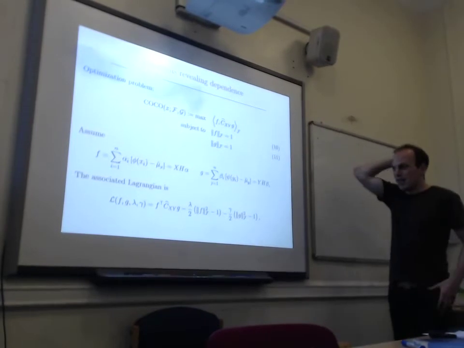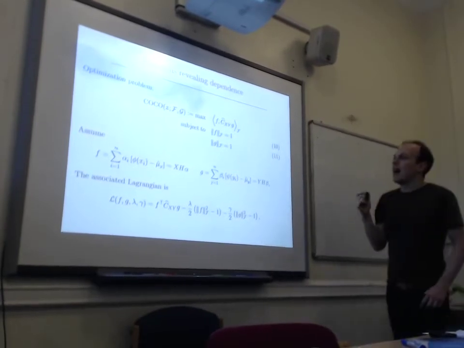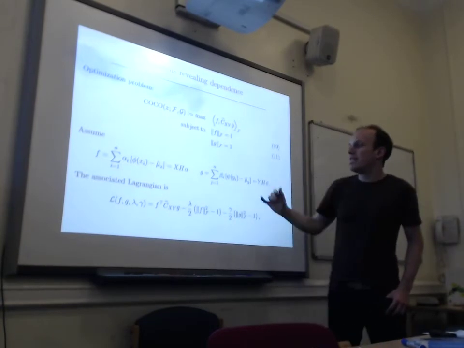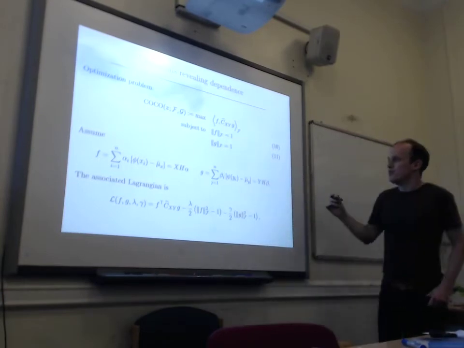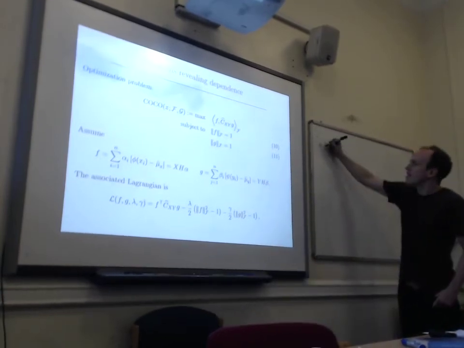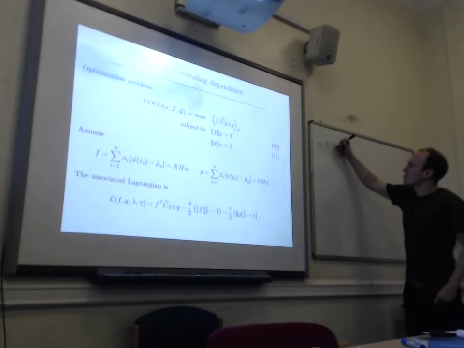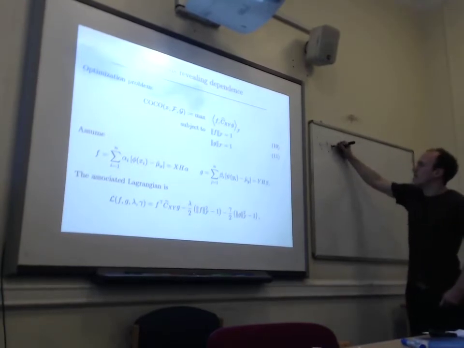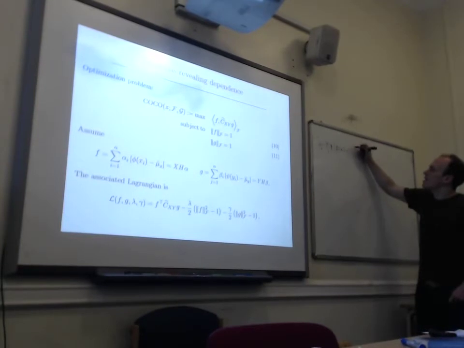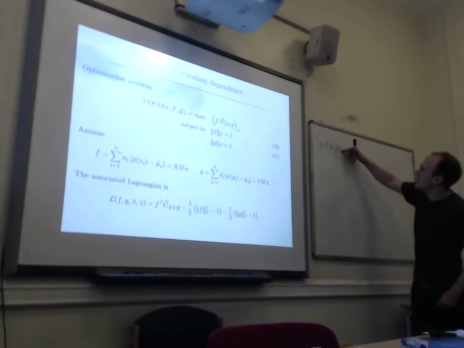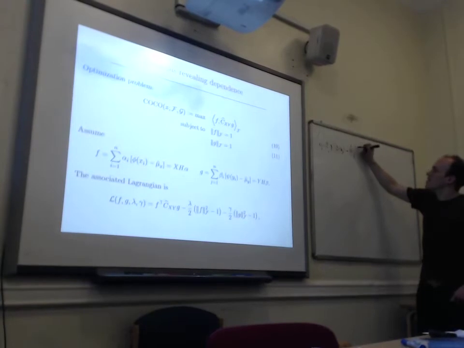Now, just as in principal component analysis, I can expand my f and my g as linear combinations of the basis functions. For instance, I'm writing my g as a linear combination, sum over i of beta_i times phi of y_i minus mu_y, and that's empirical.